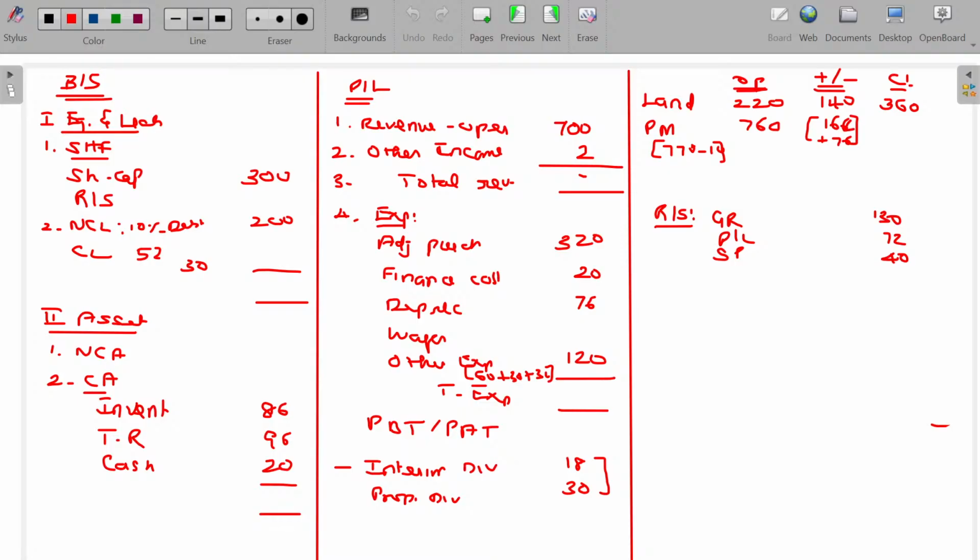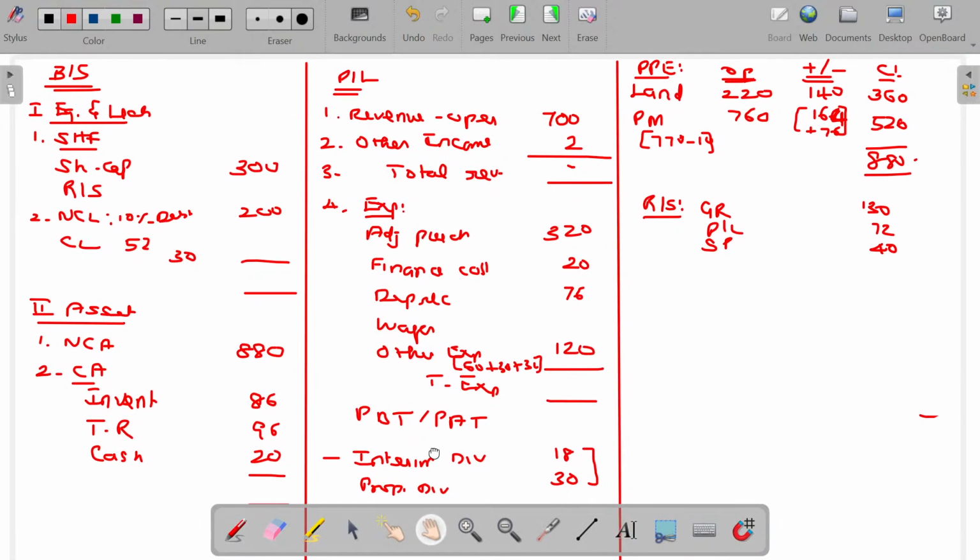Yeah. So I change this 164 and 76. Both will be subtracted. What is the ultimate value? 520, am I right? So then the total non-current assets in this case being property, plant, equipment, tangible assets 880. So non-current assets being 880. Clear?